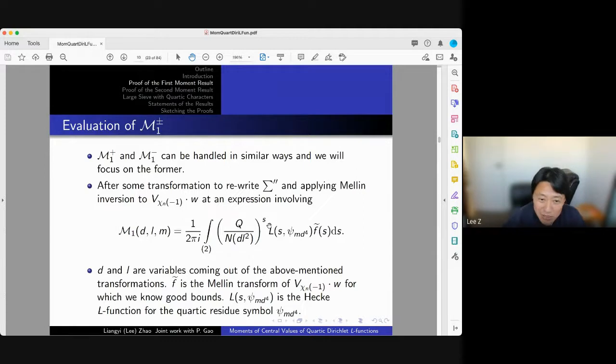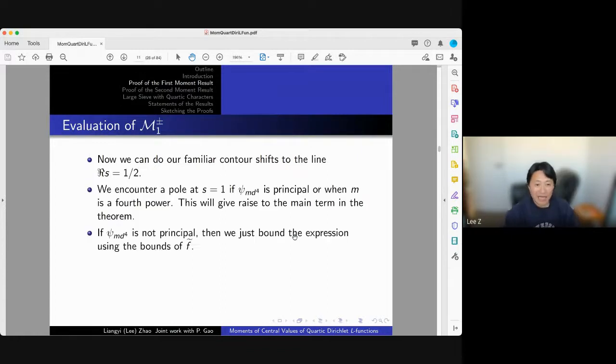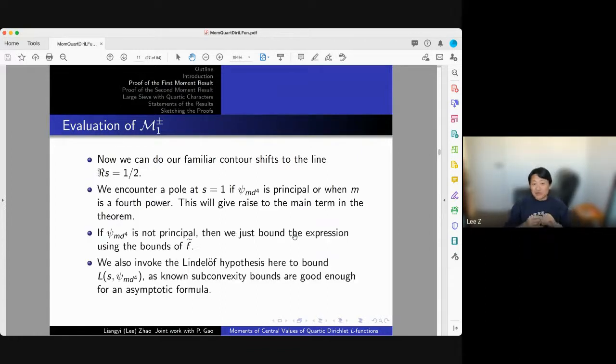In order to bound the whole thing, there are more sums on the outside, but those things are more or less trivial. The important thing really is the L(s, psi). That's really the only important thing. And so at this point, we'll invoke the Lindelof hypothesis to bound L(s, psi).